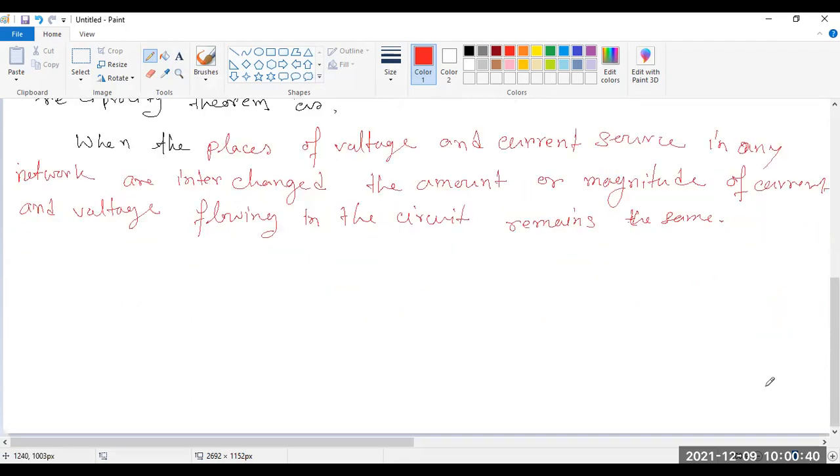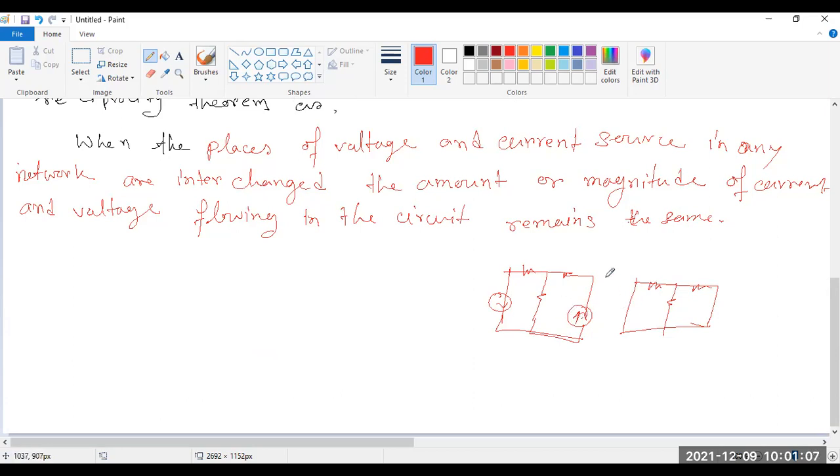Okay, so if we say this is a network, say here is a current source, here is a voltage source. If we replace the voltage source and the current source, keeping the same circuit, but we replace the position.